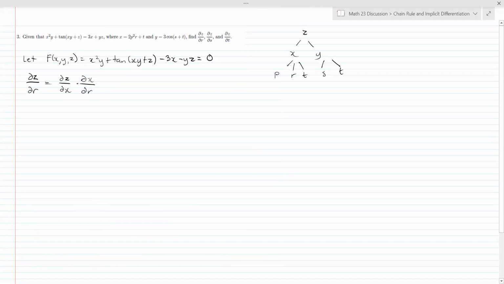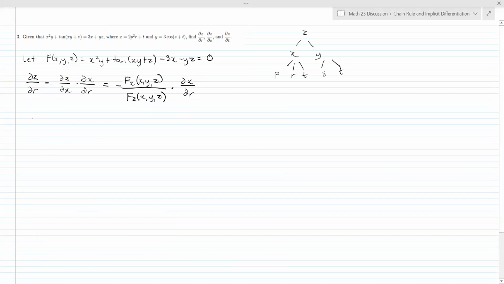So kasi natin kukunin yung partial ng z with respect to x galing dito sa capital F. So this will become negative f x over f z. Kasi ito times pa natin sa partial ng x with respect to r. Okay. So yan yung idea natin for the partial of z with respect to r.